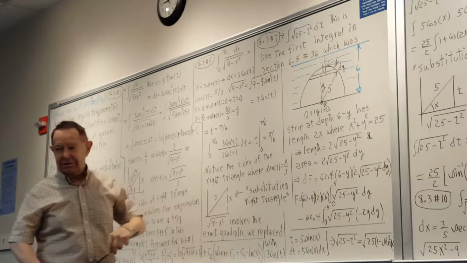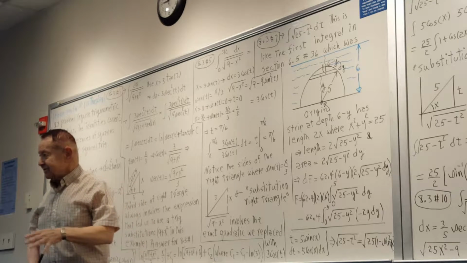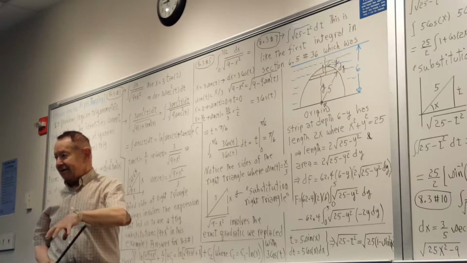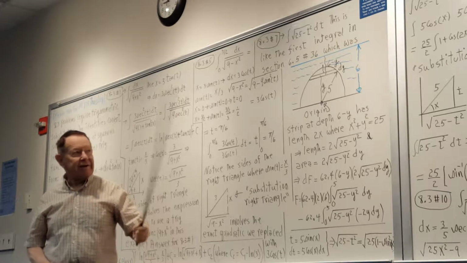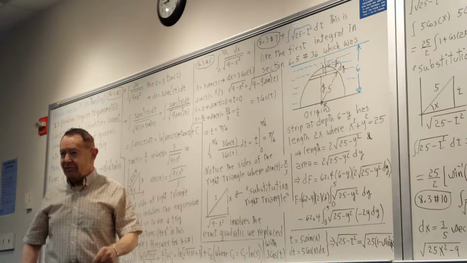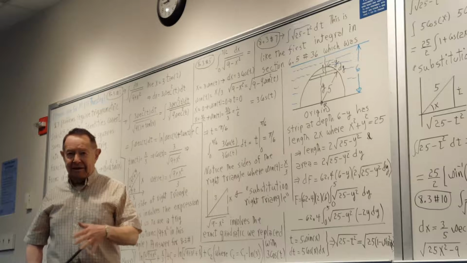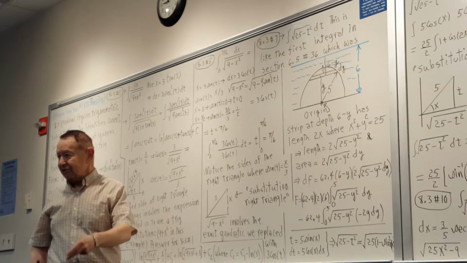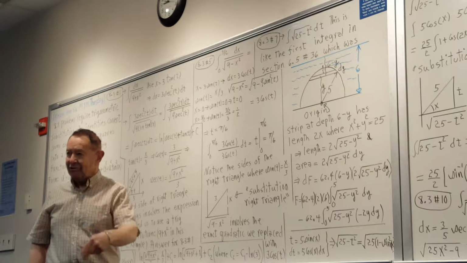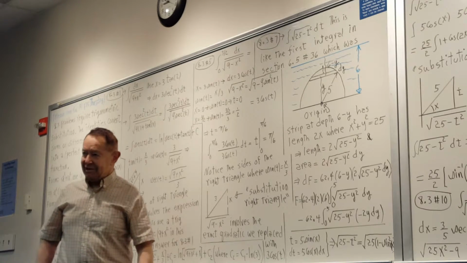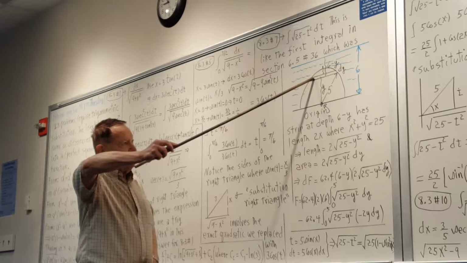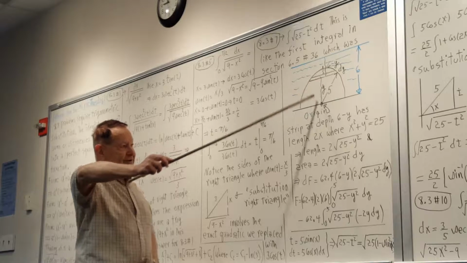You remember that your Pascal law is that the pressure is the depth times the density of whatever the stuff is, the water, say. And then your force is, well, first of all, pressure is force per unit area, so force is pressure times area. So it's density times depth times area of the representative slice.